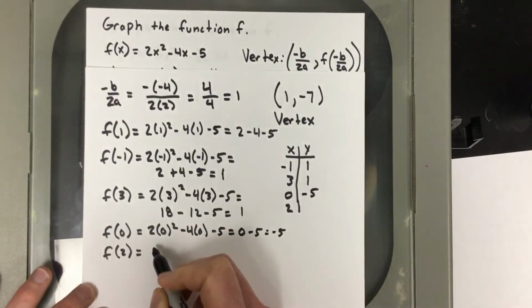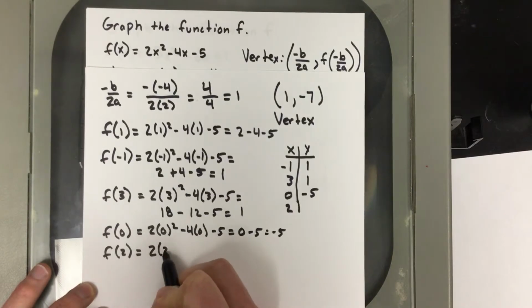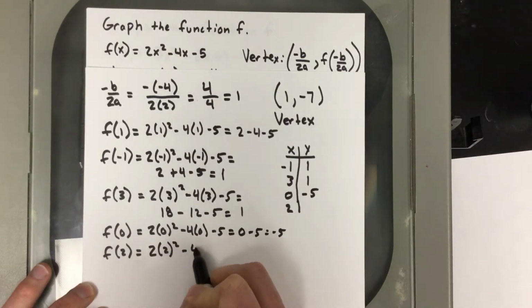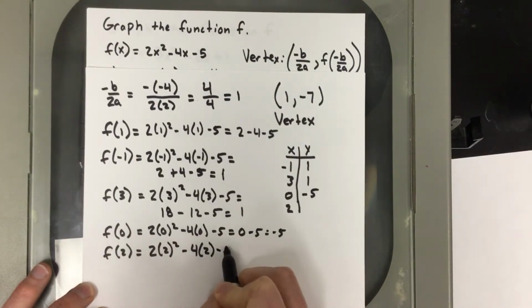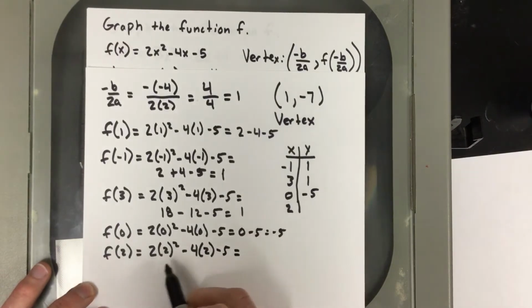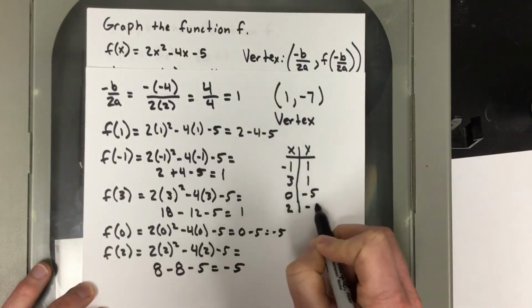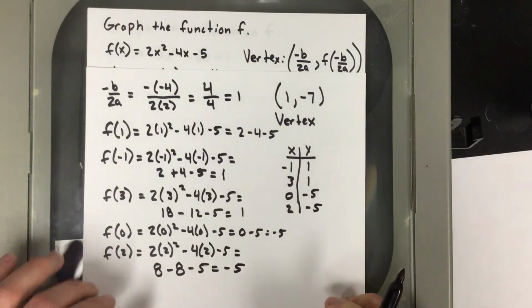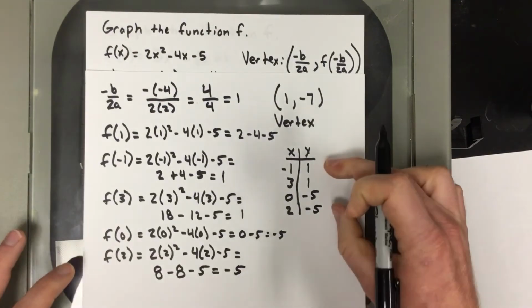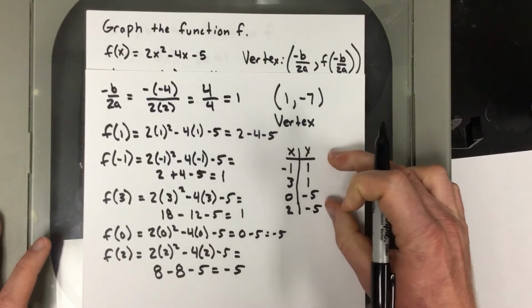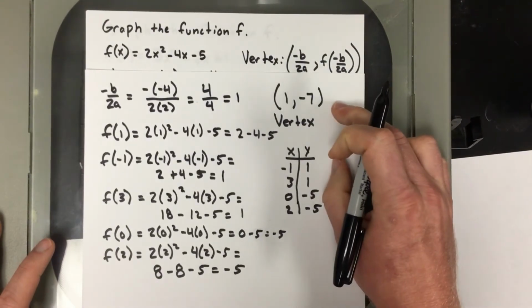When I do f of 2, I should get 2 times 2 squared minus 4 times 2 minus 5. That's going to give, let's see, 2 squared is 4 times 2 is 8, minus 8 minus 5, which is negative 5. So as you can see, we have four sets of ordered pairs here, so 4 coordinates, along with the vertex.